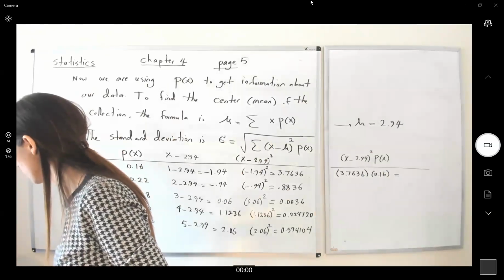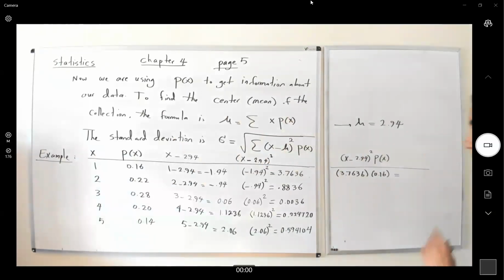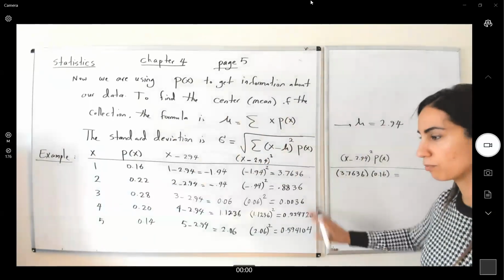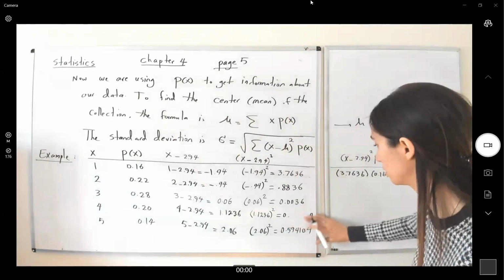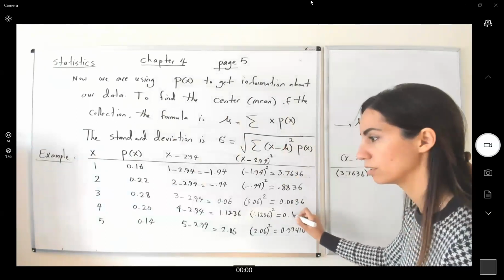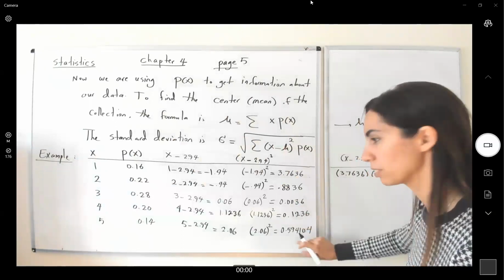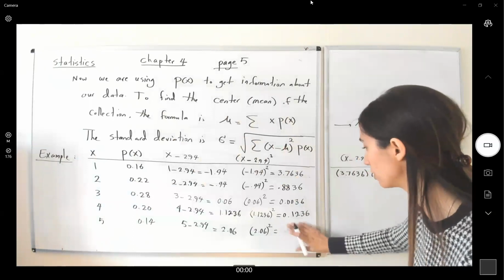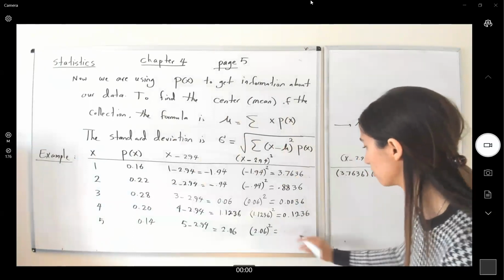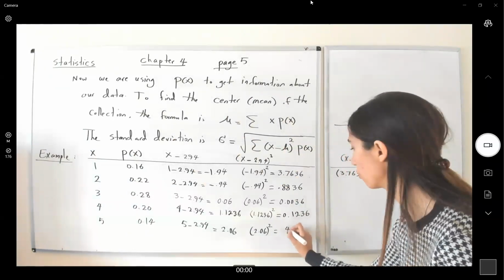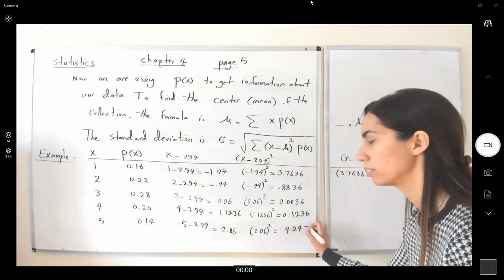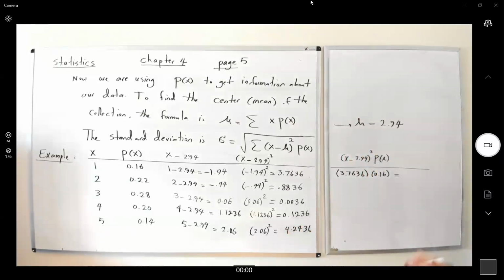Okay, let me see, I made a mistake here. This is 1.1236, please correct this. This is 4.2436, and that's before multiplying by its probability. Okay, perfect.